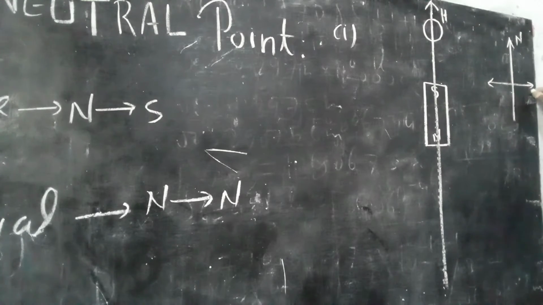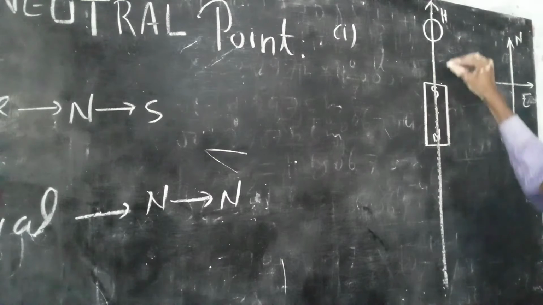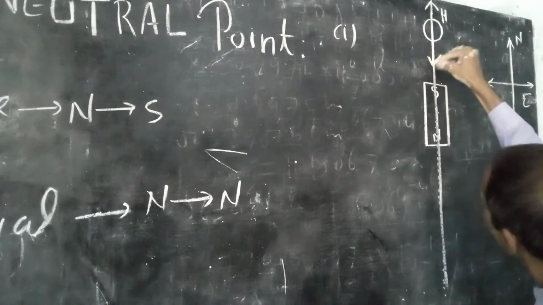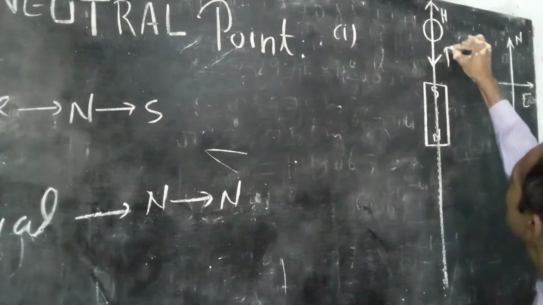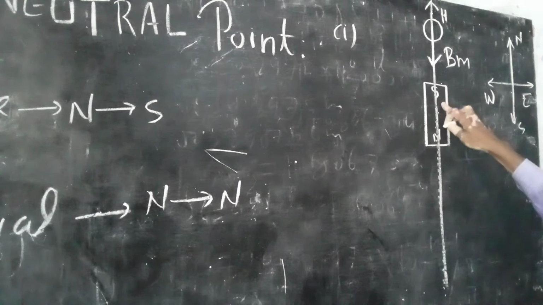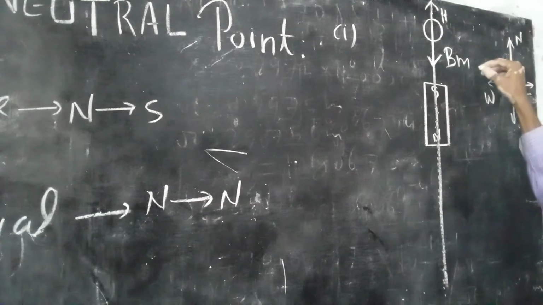This is your north, this is your south, east and west. The direction of the magnetic field produced by the magnet at this point is toward the south pole of the magnet.